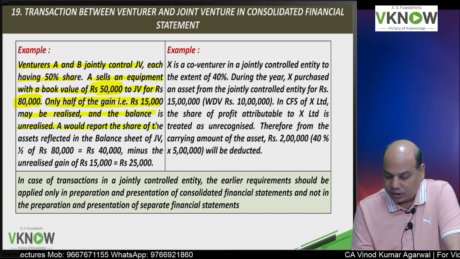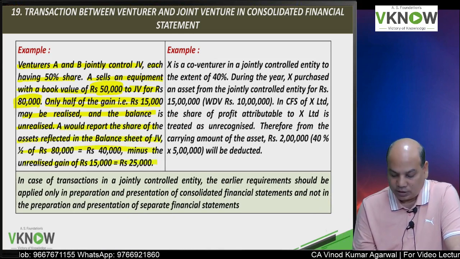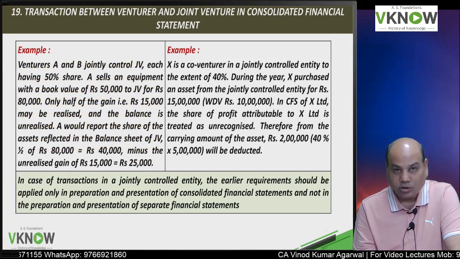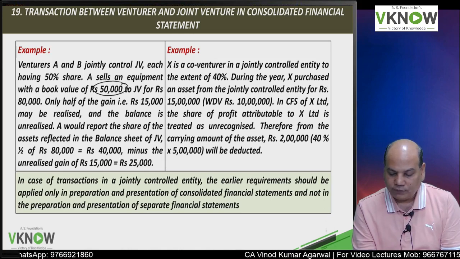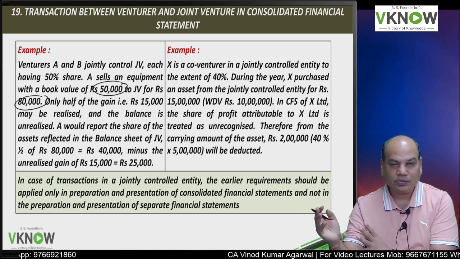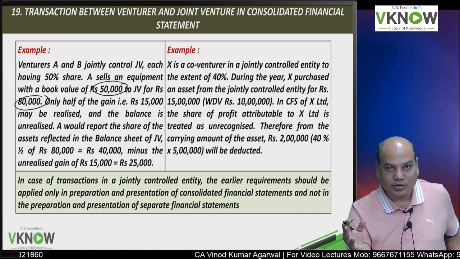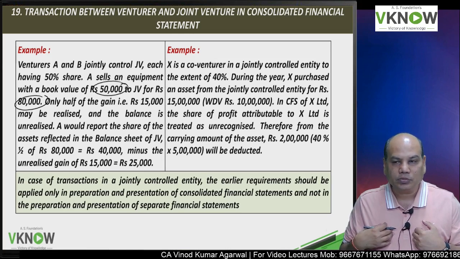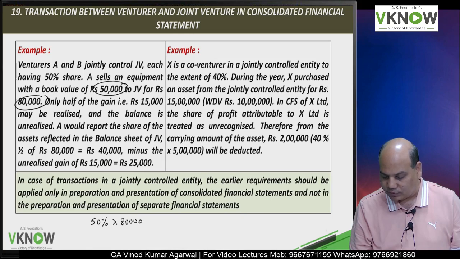So while preparing the balance sheet, now understand this part, your institute will not explain. You have sold asset costing 50,000 for 80,000. In the books of joint venture, asset will appear at 80,000. When you do proportionate consolidation, you are going to record your share in the asset of joint venture.